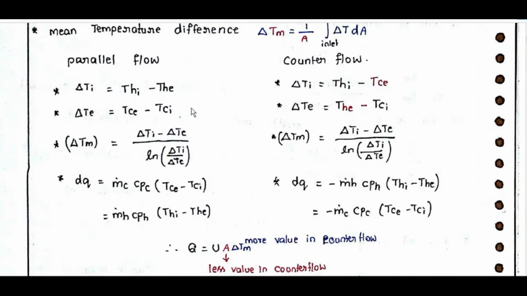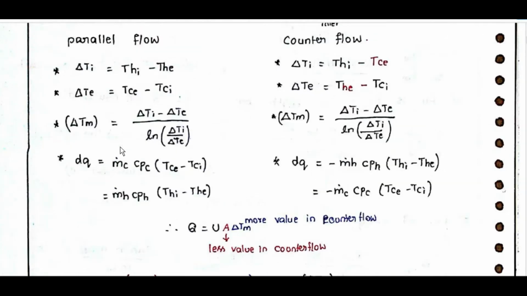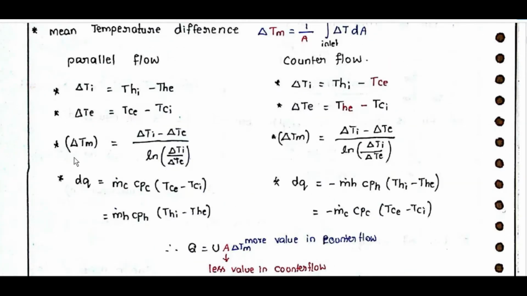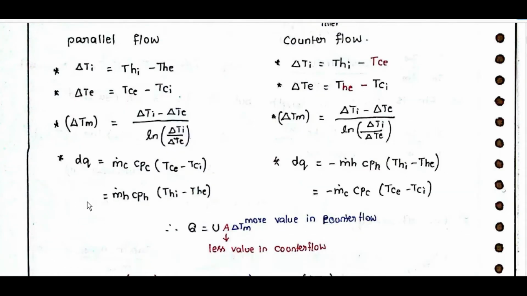Parallel flow: delta Ti is equal to Thi minus Tci, delta Te is equal to The minus Tce. Delta Tm, the LMTD, is equal to (delta Ti minus delta Te) by ln of (delta Ti by delta Te). dq is equal to mc dot Cpc into (Tce minus Tci), which is equal to mh dot Cph into (Thi minus The).